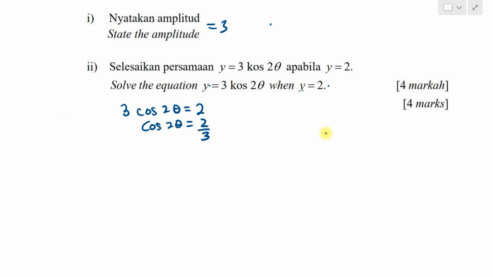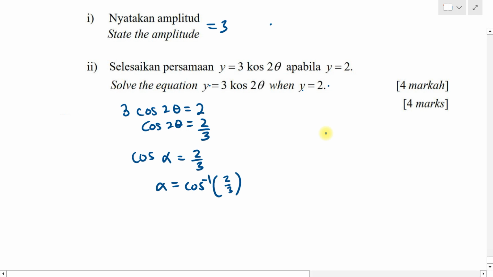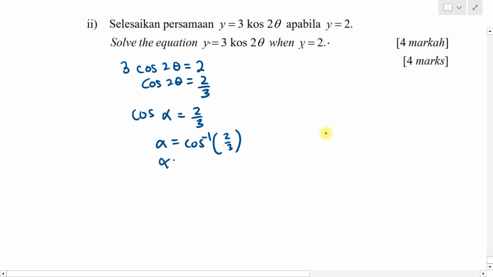We will let it be alpha. Remember, don't go straight to 2 theta. Cos alpha is 2 over 3. Alpha is equal to shift cos 2 over 3, which is 48.19.